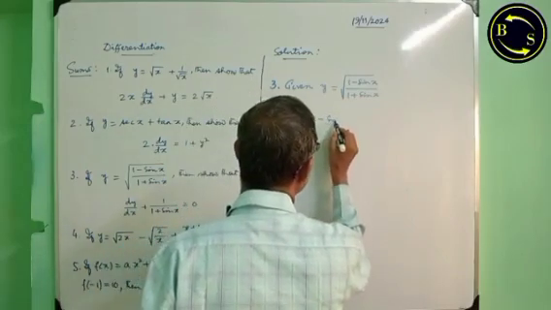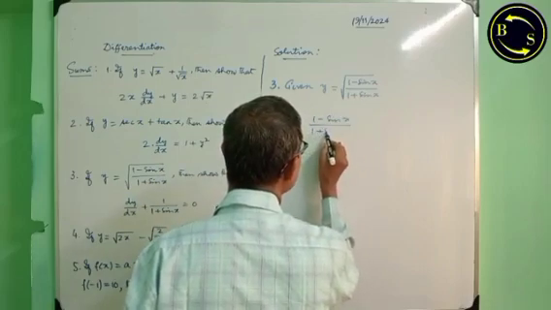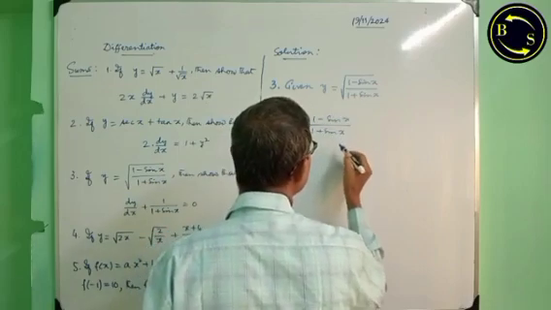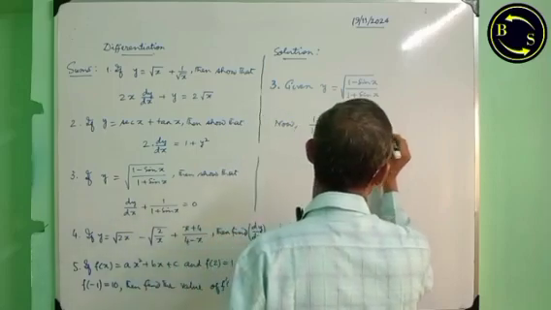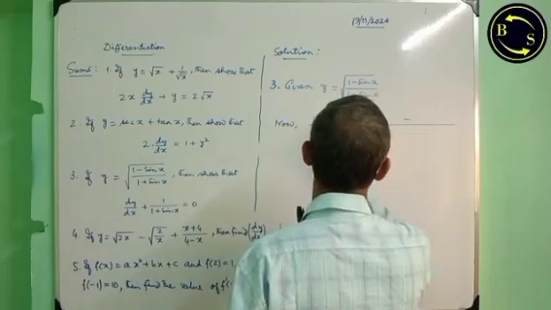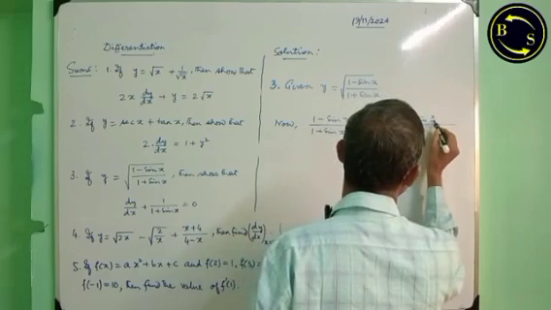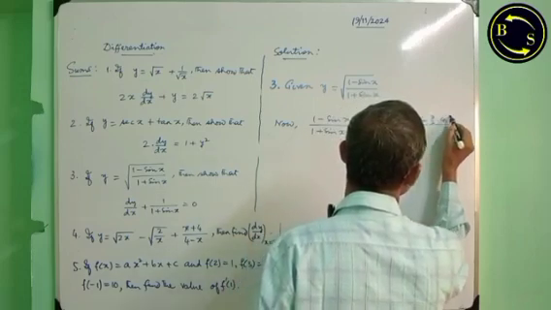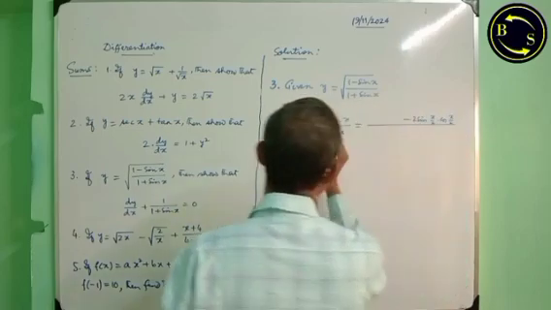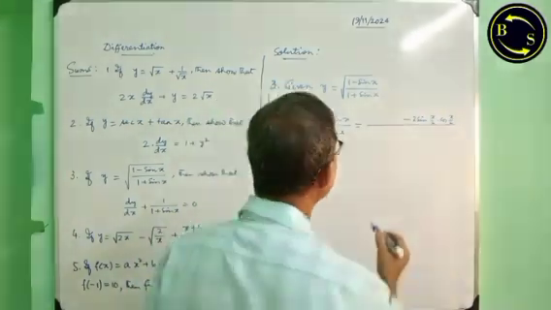1 minus sin x by 1 plus sin x is equal to, first of all, sin x can be written as 2 sin x by 2 into cos x by 2, and 1 is sin square x by 2 plus cos square x by 2.